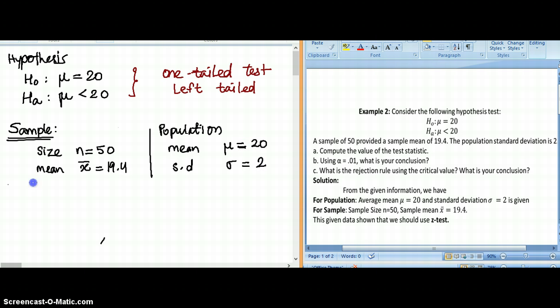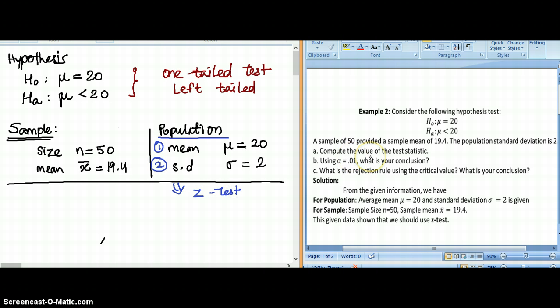So for the population we have mean and standard deviation, while for the sample we know only the mean. So by the condition of the test, since for the population we have mean and standard deviation, we will apply the z-test.